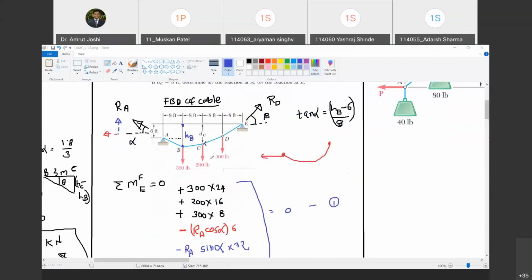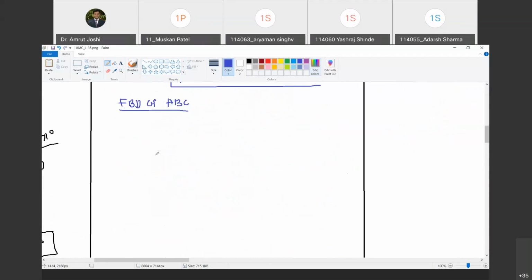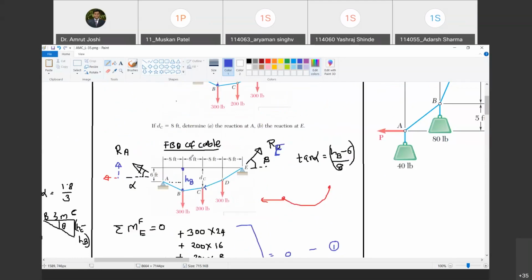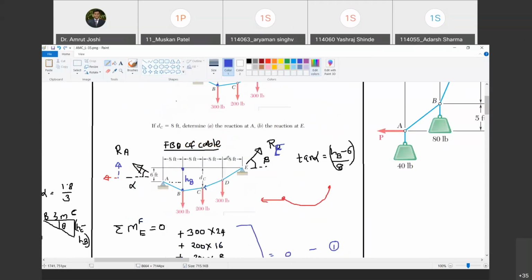Yes, sir. So let us draw the free body diagram of the left hand side. Let me call it RE, that will be easy to address later. Now, A, B and C. This is A, this is B and this is C. Are you with me? Yes, sir.